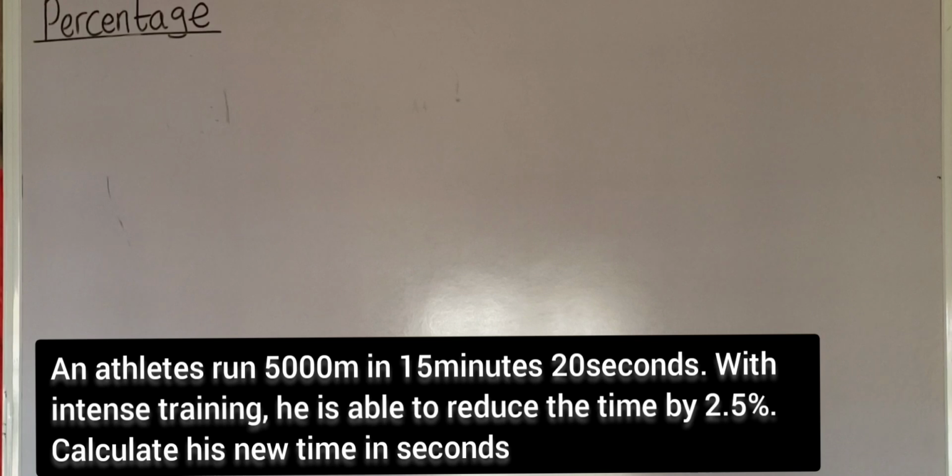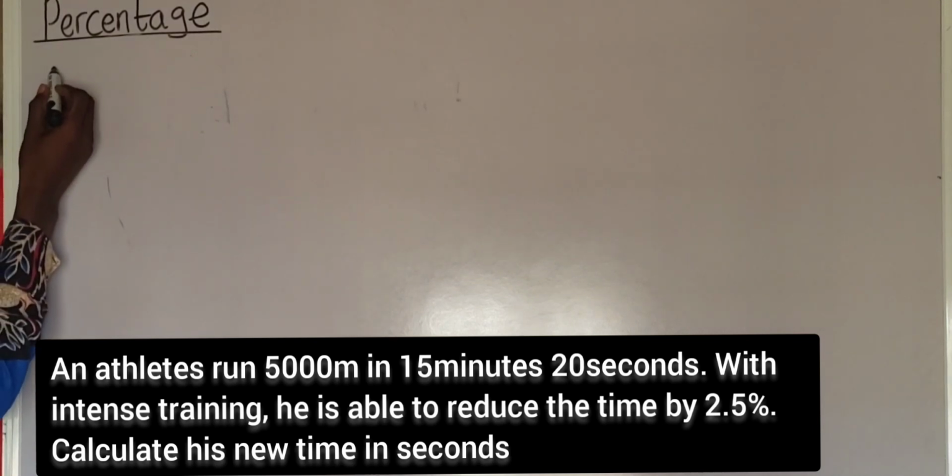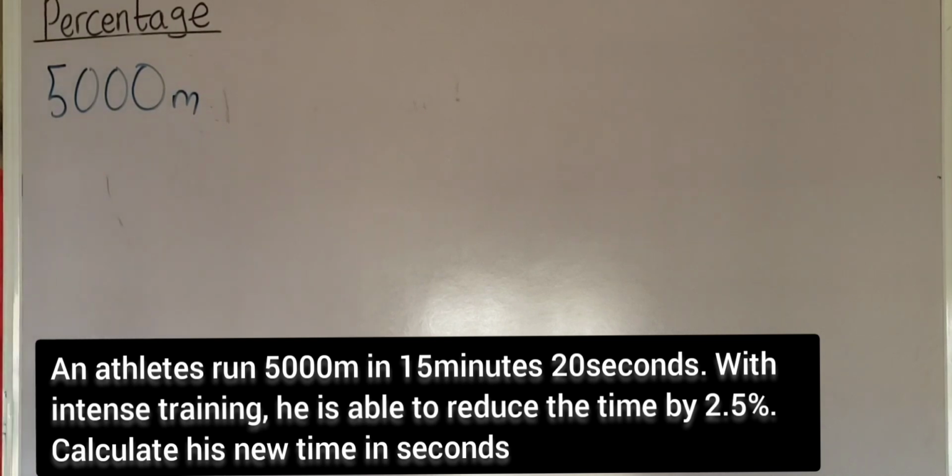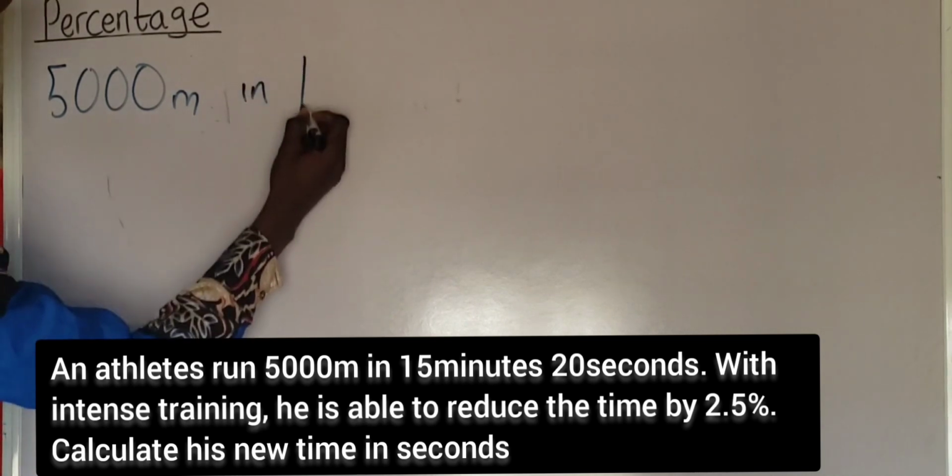Now, I want you to pay attention. Let's start by writing out the parameters that we are given in the question. We are told that the athlete runs 5,000 meters in 15 minutes 20 seconds. Sorry, it is 5,000 meters, not 500.